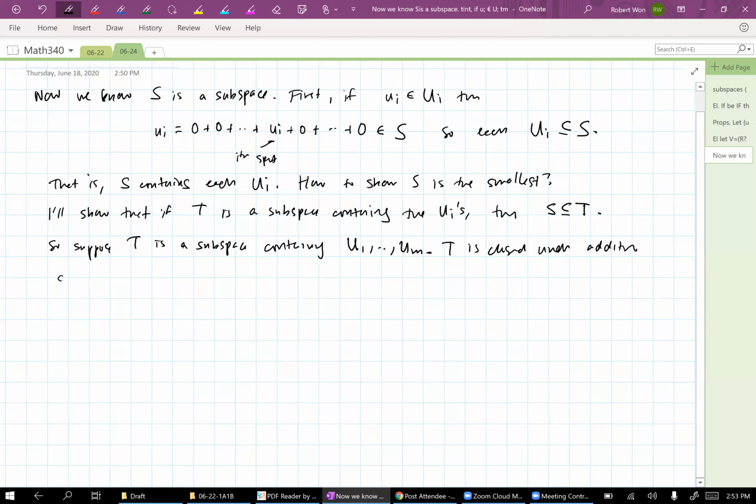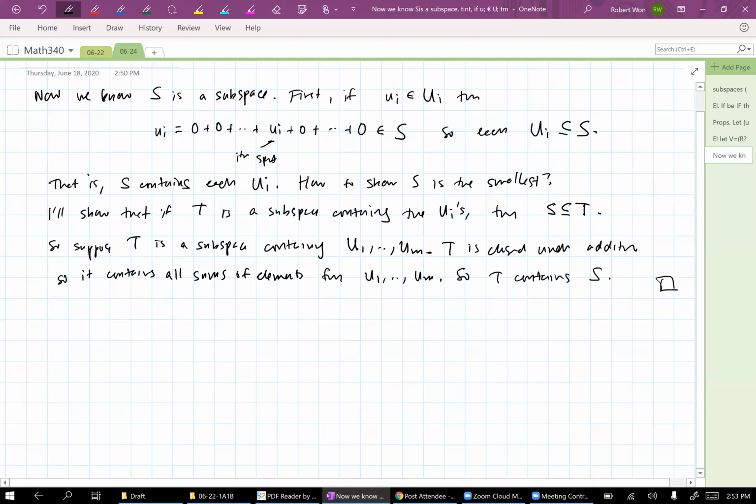T is closed under addition, so it contains all sums of elements from each of these subspaces. So T contains S. Because S is just sums of elements from the U's, T must already contain all of those. This shows that S is the smallest subspace which contains all of the U's.